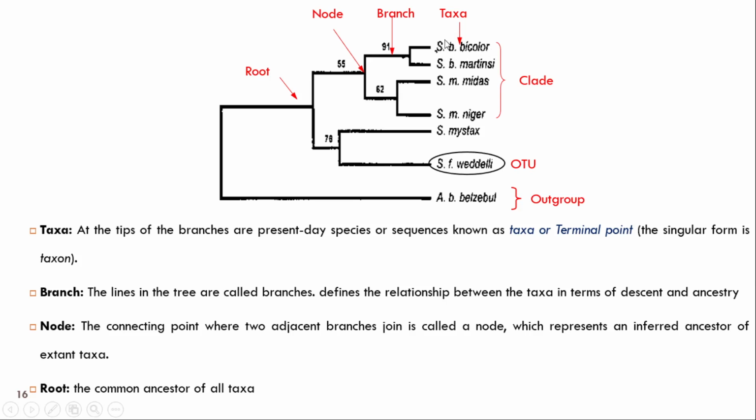The common ancestor of SB bicolor and SB martinsi is this one, and the SM midas and SM niger's ancestor is this one, and for the ancestor of this one and this one, the root is the same, meaning the common ancestor. So this group combined, SB bicolor, SB martinsi, SM midas, and SM niger, is commonly known as a clade. This is the taxa, and a group of taxa is known as a clade, where all the descendants and all the ancestors should be included. Alright.